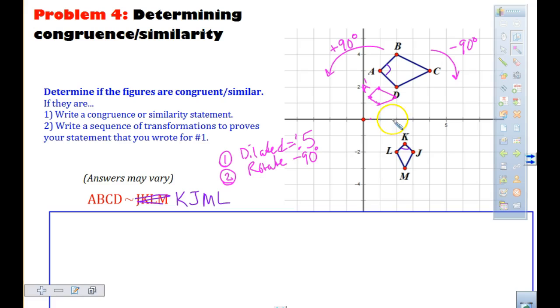Should it be over 1.5 or should it be over just a half if I'm rotating it? So remember, this was 0.5, comma 1.5. So it's going to be over 1.5 down to this point. So this is where it moved.